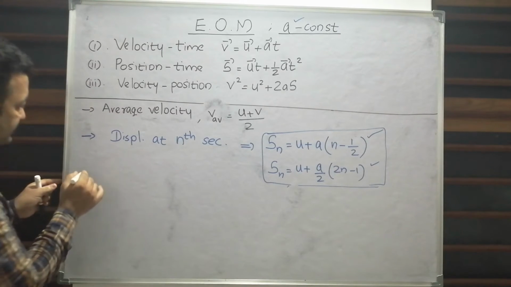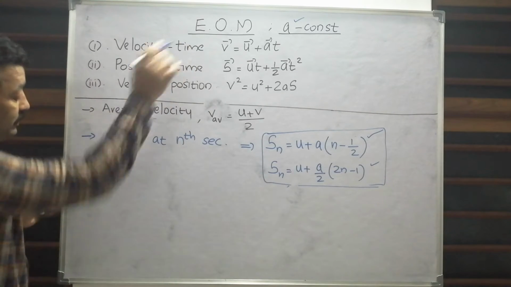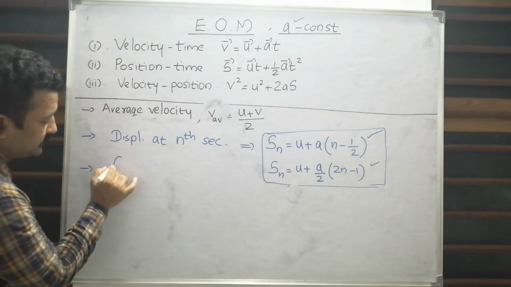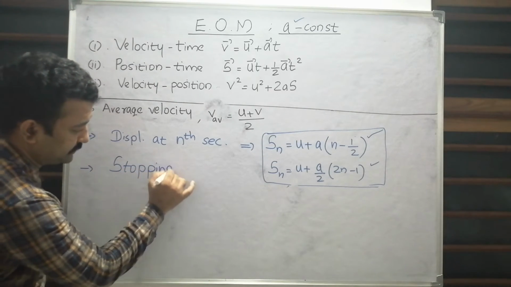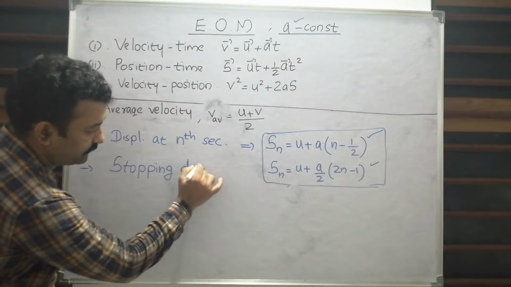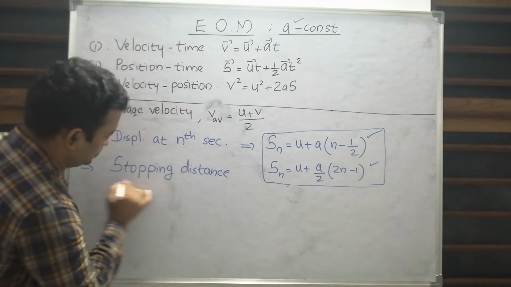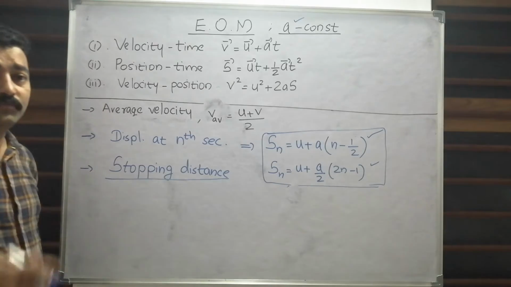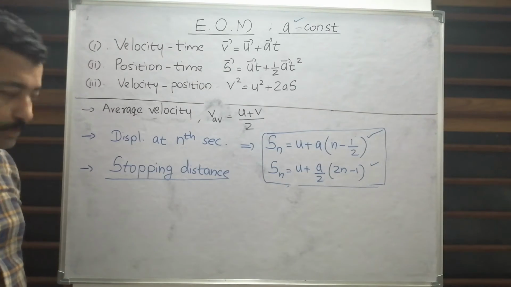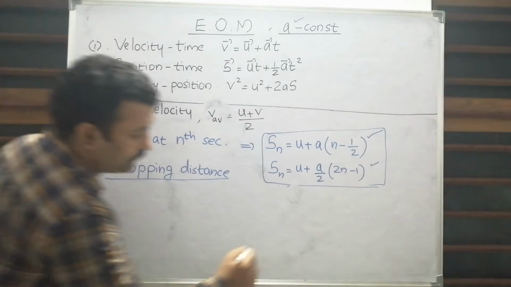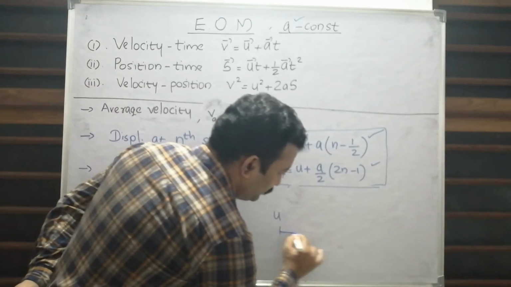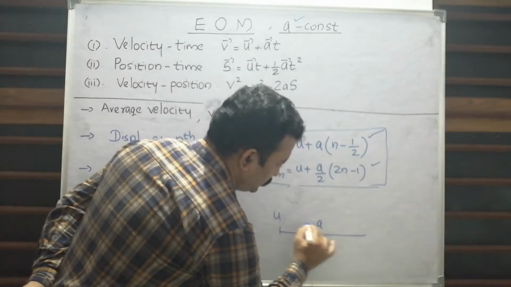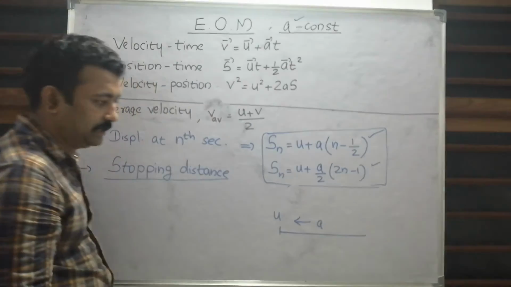Just one more concept that should be learned along with the equations of motion is the concept of stopping distance. It is the process of stopping a particle. If a particle was initially moving with u and you want to stop it, you have to apply an acceleration in the opposite direction.